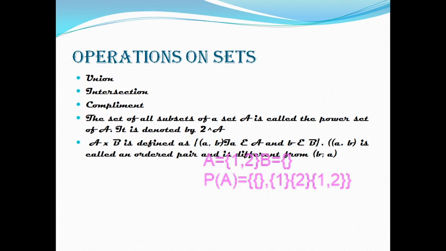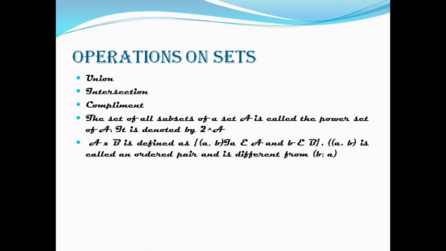Okay, next I will define a formula here, that is, the number of elements of P of A is equal to 2 power n. Earlier we have seen the power set of the two elements 1, 2 has four elements. So I will show how it becomes 4.